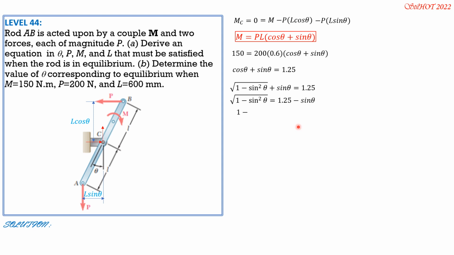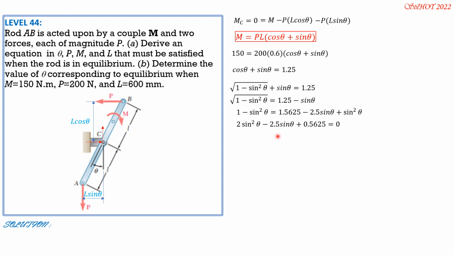Square both sides. So 1 minus sine square theta equals 1.5625 minus 2.5 sine theta plus sine square theta. Simplifying, so this is 2 sine square theta minus 2.5 sine theta plus 0.5625 equals 0.